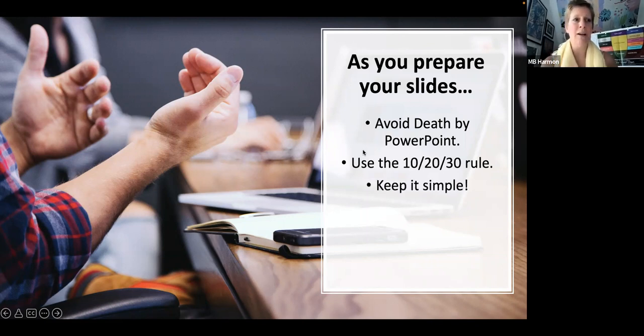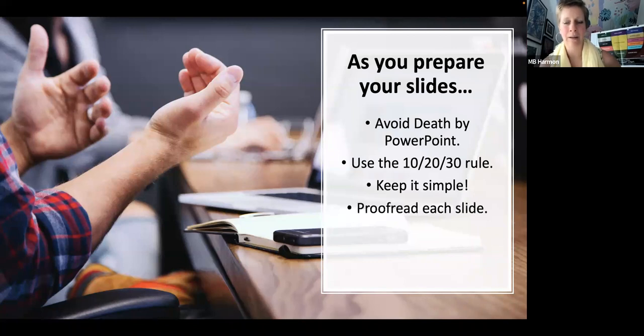Another thing is to try to keep it simple. If you're going to be talking about a lot of what is on your PowerPoint, or you give them a picture and you're going to talk about it, you can do that as well. Okay? So think about how you can simplify the information that you're sharing. Think about how you can get it down to whatever these main points are.